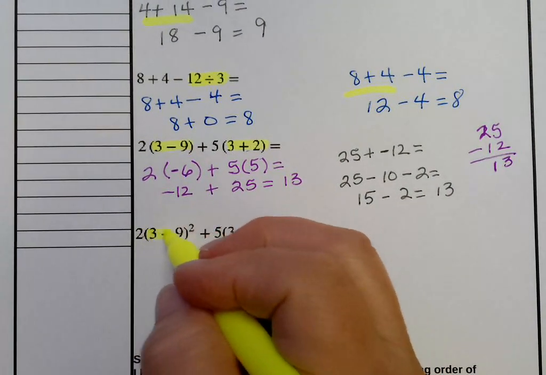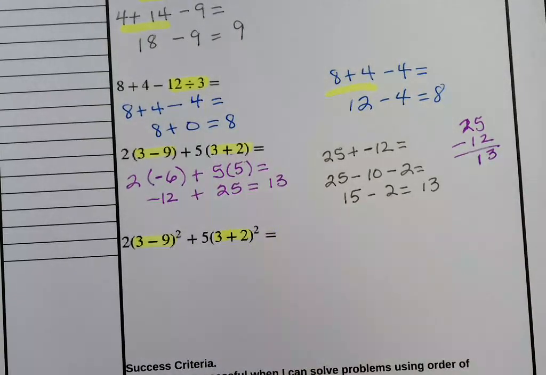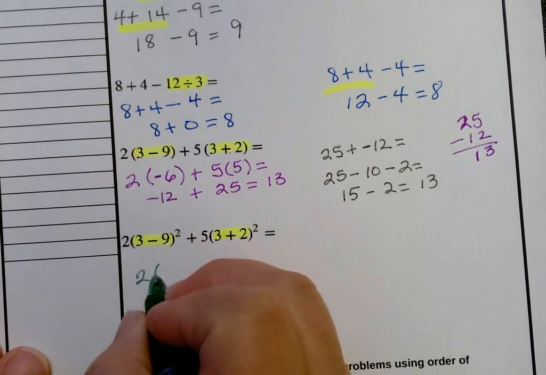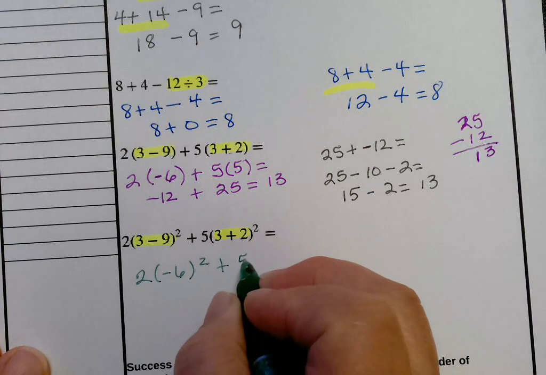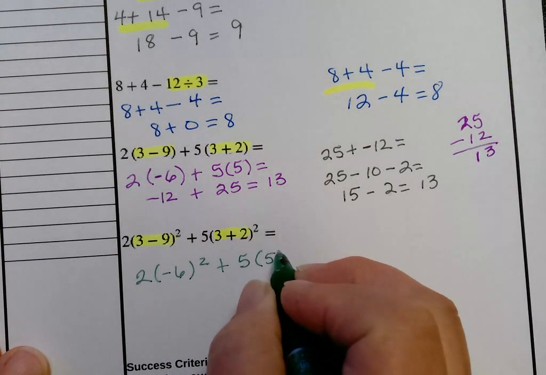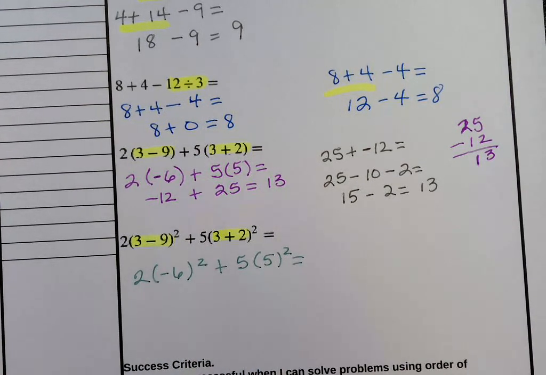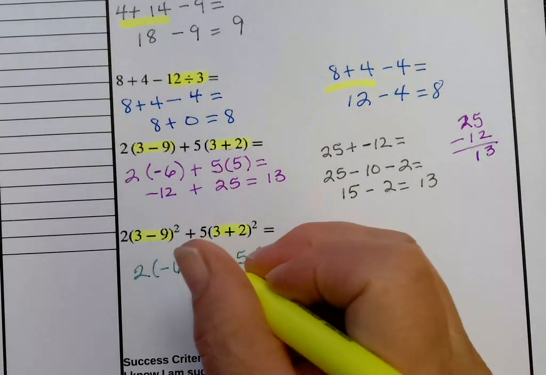Your parentheses will then be followed by your exponents. So it is 2 times negative 6 squared plus 5 times 5 squared. Now we're ready to deal with the exponents.